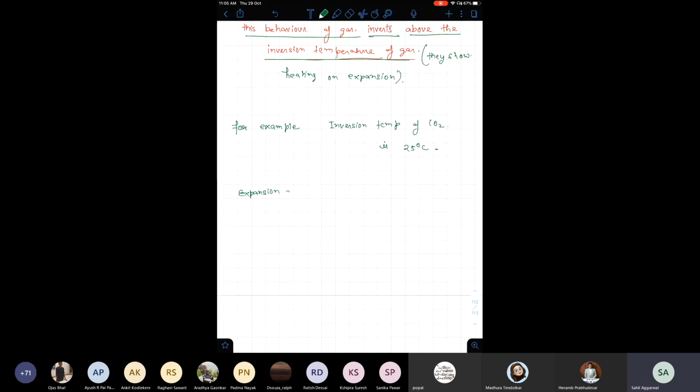Expansion of CO2 gas at 20 degrees centigrade results in heating or cooling.